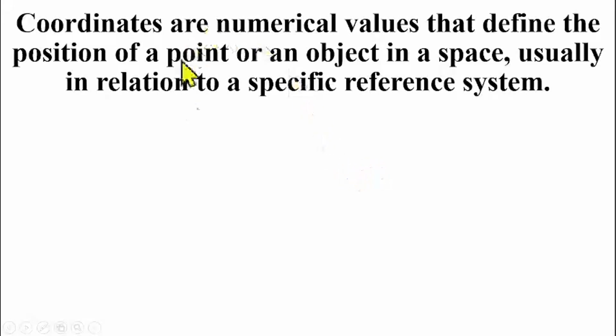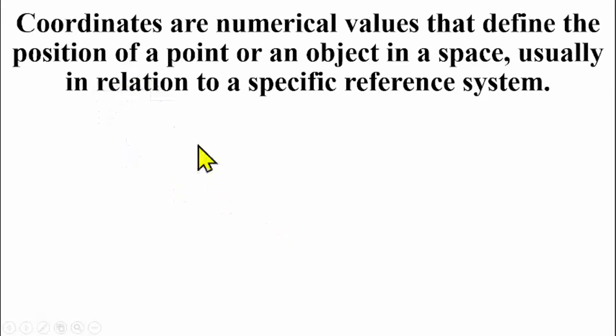Because we are going to be using graphs on this topic, that's why I'm using the reference system, which is the graph. So I will say coordinates are numerical values that define the position of a point in reference to the axis of a graph.